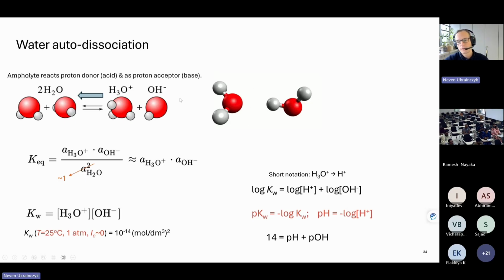Of course, the OH minus is connected, but this is because of this model. But the most important is that you should fix the multiplication of all the ions, and this is constant. So that means that you can increase the H plus, then the OH minus should decrease.